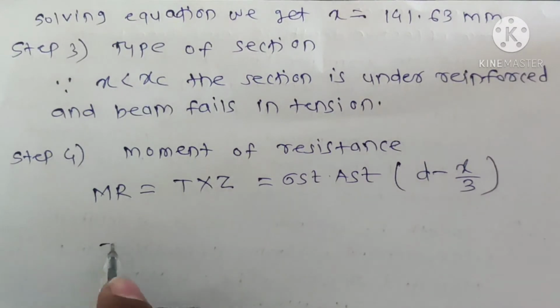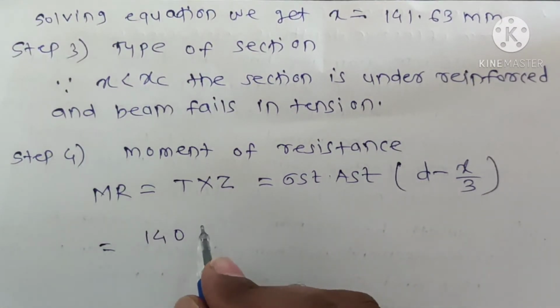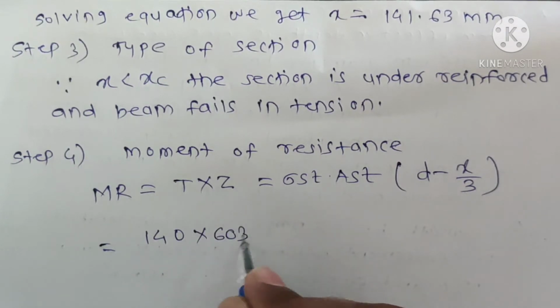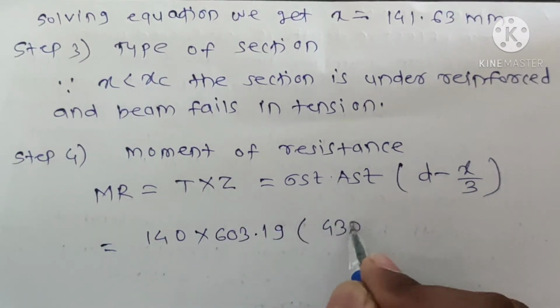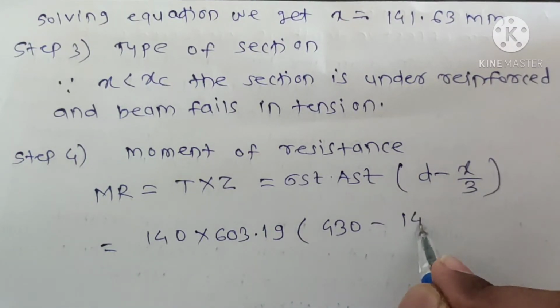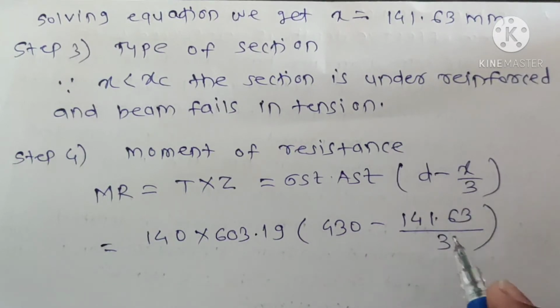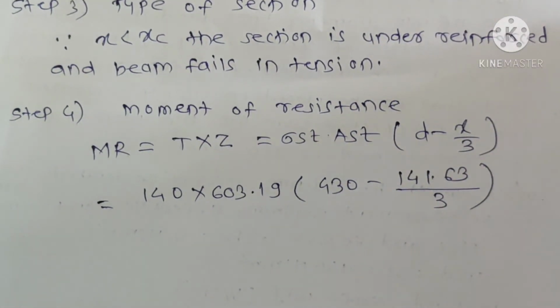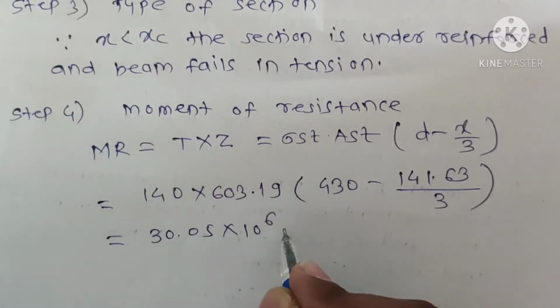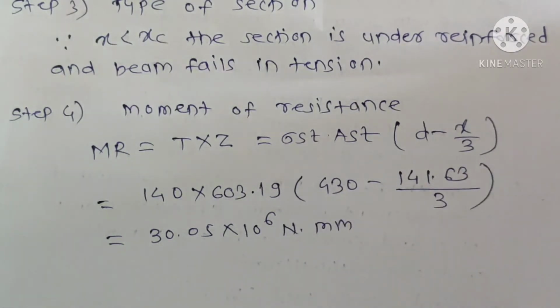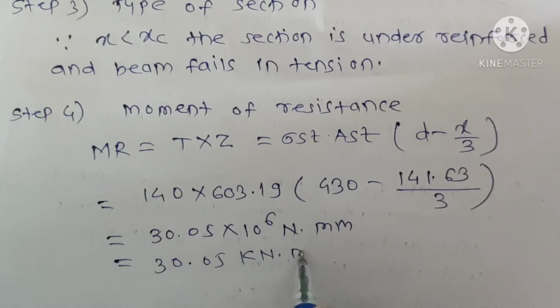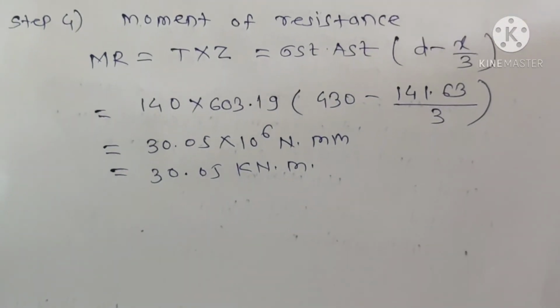Then it is equal to 140 into 603.19 into (430 minus 141.63 divided by 3), is equal to 30.05 into 10 raised to 6 Newton mm. Converting this Newton mm into kilonewton meter, it is 30.05 kilonewton meter.